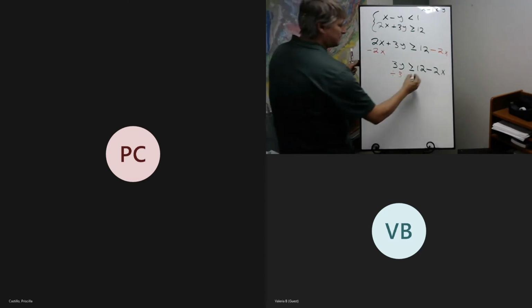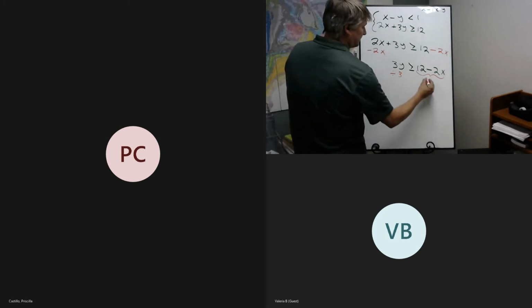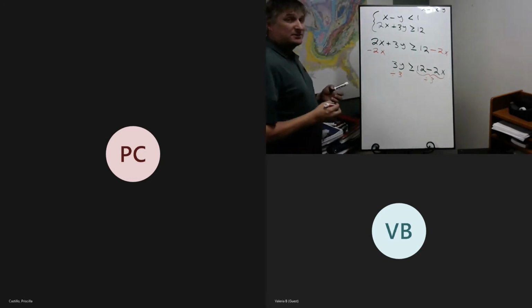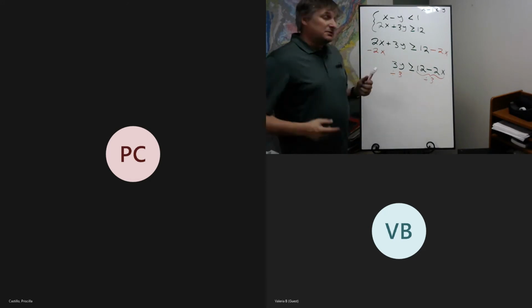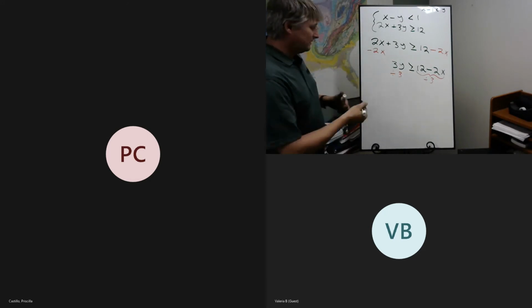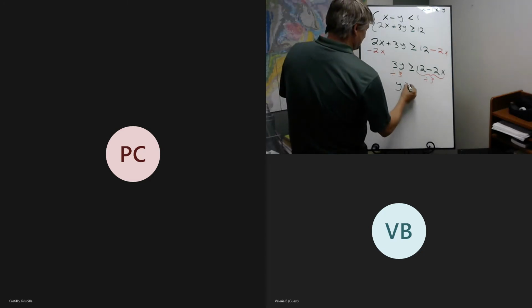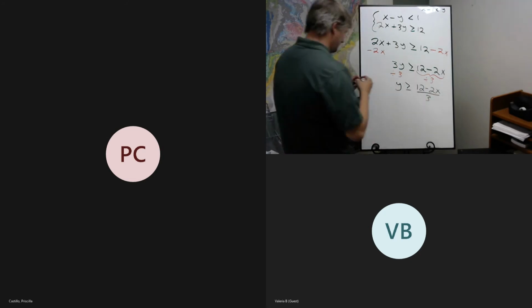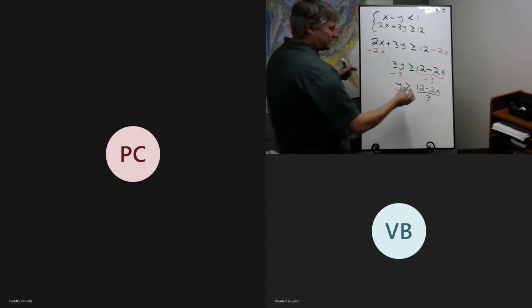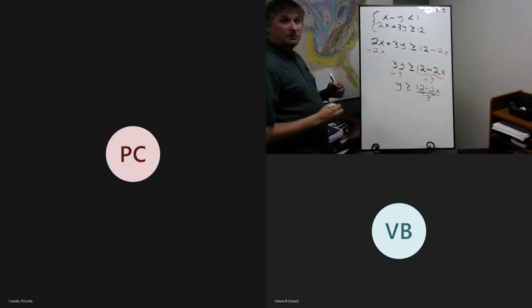Divide by positive 3, and we're going to divide both sides by positive 3. Now, because it's positive 3, we're not going to flip around this inequality sign. It's going to stay the way it is. So we'll get, and then what we'll end up doing is dividing each term by 3.